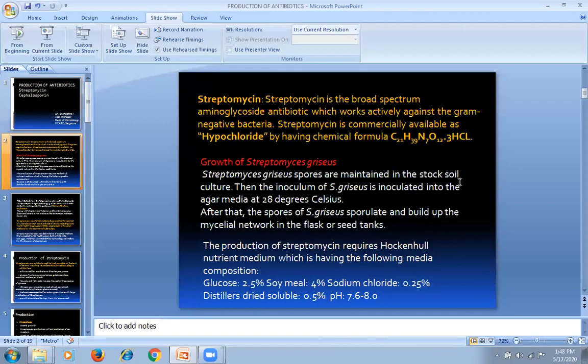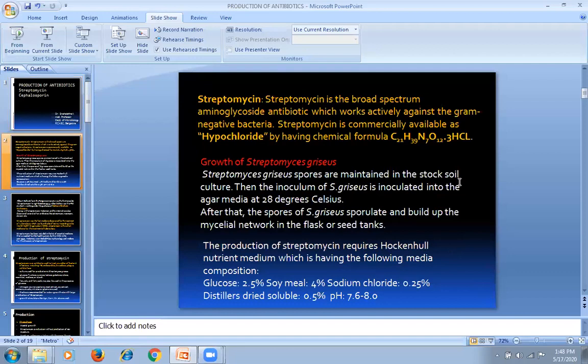Once it sporulates and builds up the microbial network in the flask or seed tanks, it should be transferred to the Hockenhull nutrient medium. It's of course the name of the medium. You can just say streptomycin medium also.